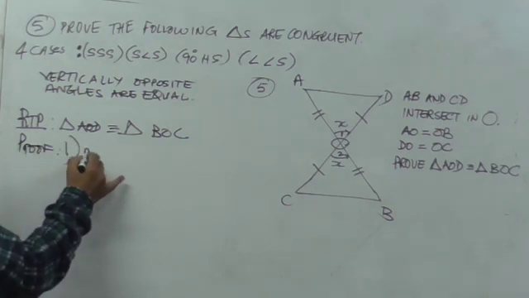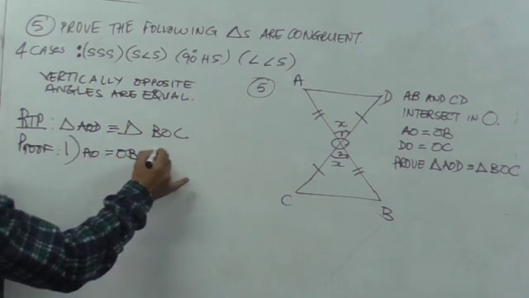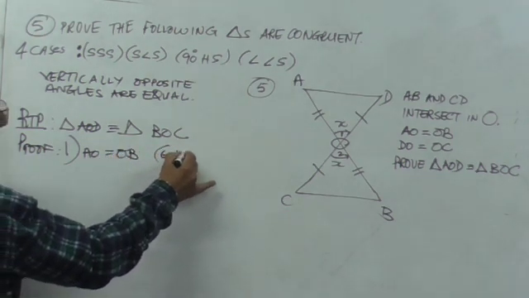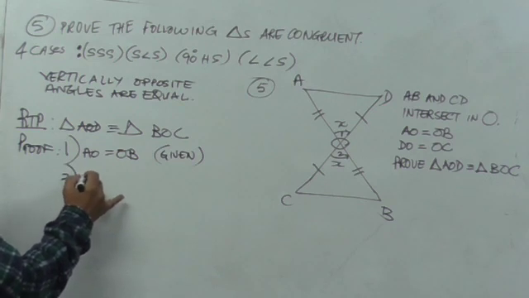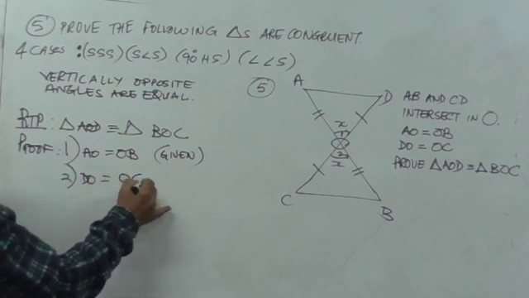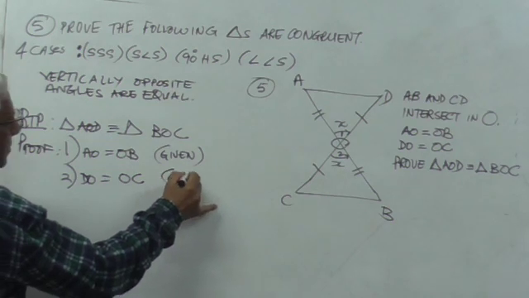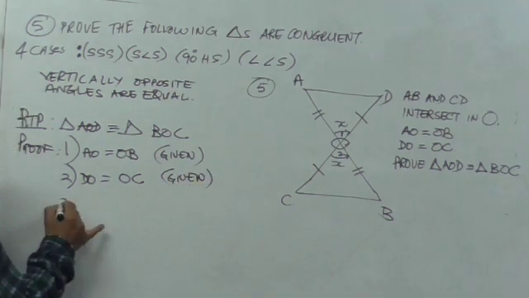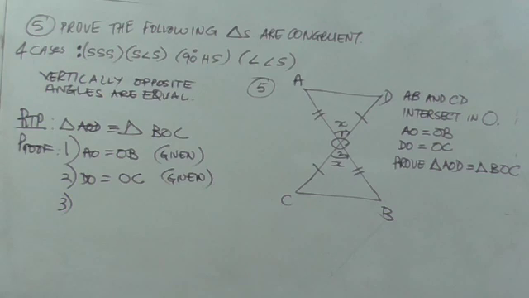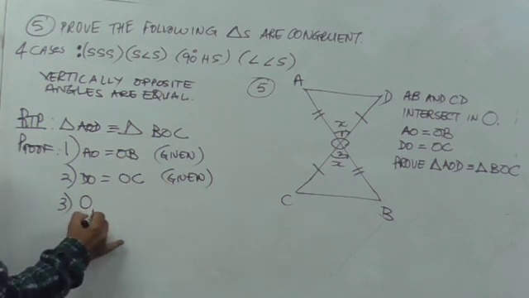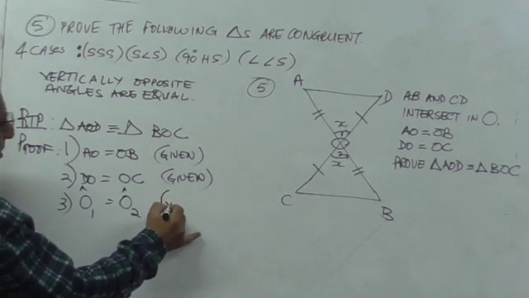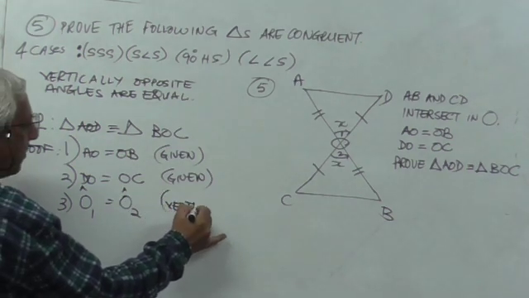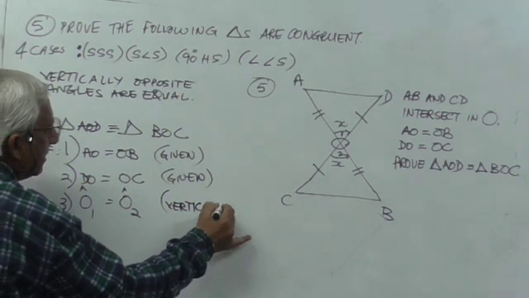1. AO is equal to OB, that was given to us. 2. DO is equal to OC, that was also given to us. But this third one, O1 is equal to O2, it was not given to us. We have found them to be vertically opposite and they are equal.